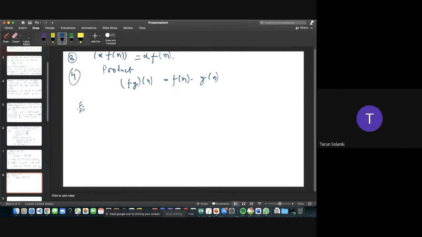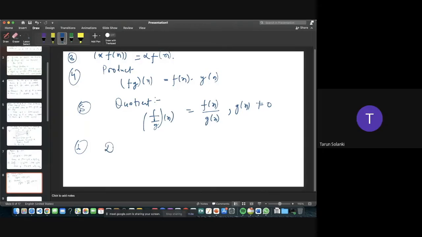And the second last is the quotient, (f/g)(x) = f(x) divided by g(x), where g(x) is not equal to 0. Next is the domain of the square root of f(x), which is D of f intersection the set of x where f(x) should be greater than or equal to 0.